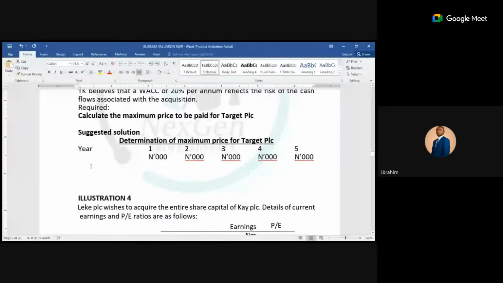So operating cash flow, 1 million per year, per annum.